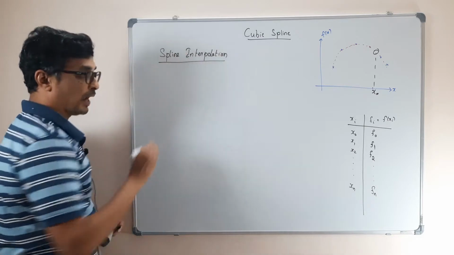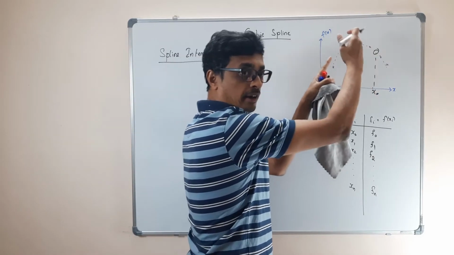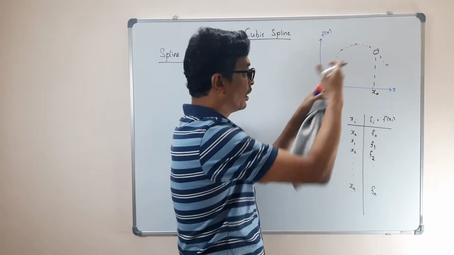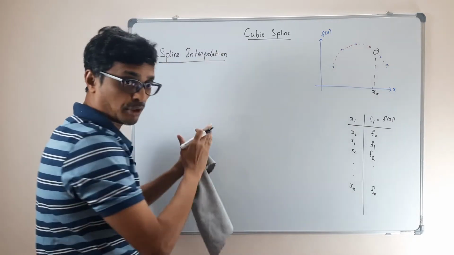What we call spline interpolation involves the mathematical implementation of this and converting it into a program so that you can use it for any function. That is what spline interpolation is all about.